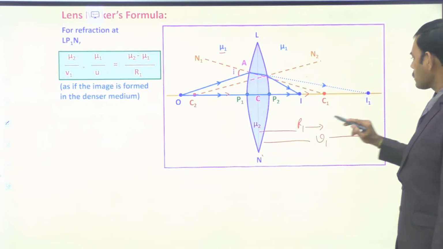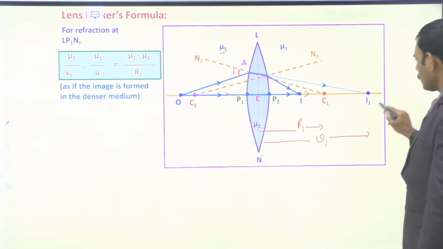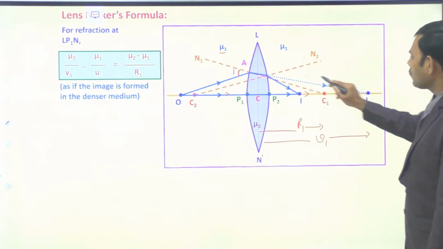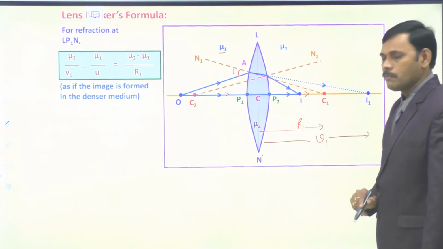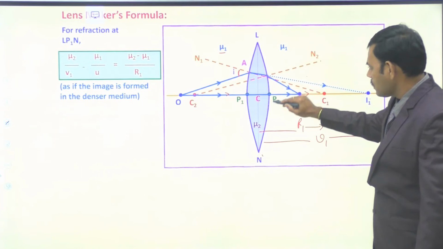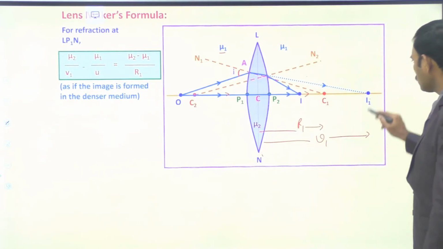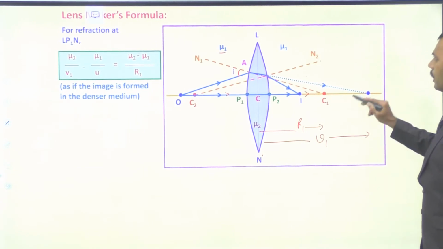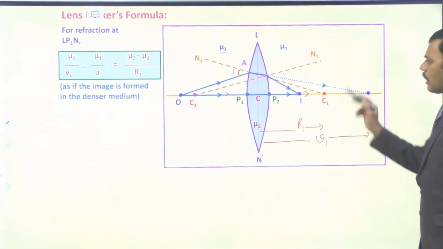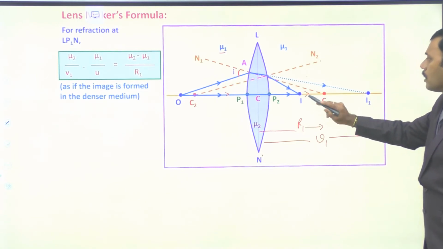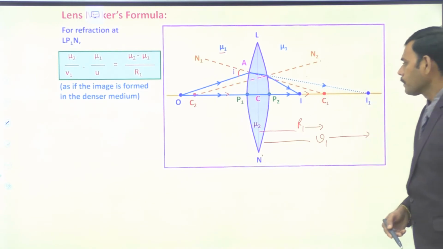For the second refraction, the object is I1, the virtual object, which is in the denser medium of refractive index mu2, and after refraction, this is the refracted light ray, the final image is formed at I, which is in the rarer medium.